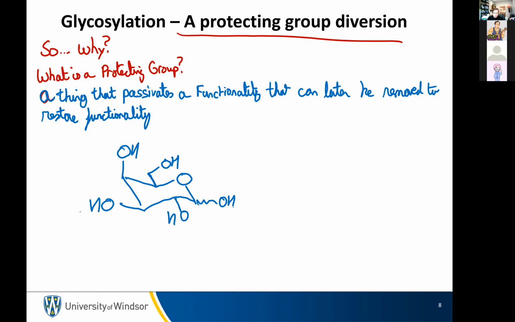They all react in a similar way. We're going to see in this protecting group discussion that there are some general differences. So of these OHs, which one do you think under neutral conditions is the most reactive to an electrophile, a standard electrophile?